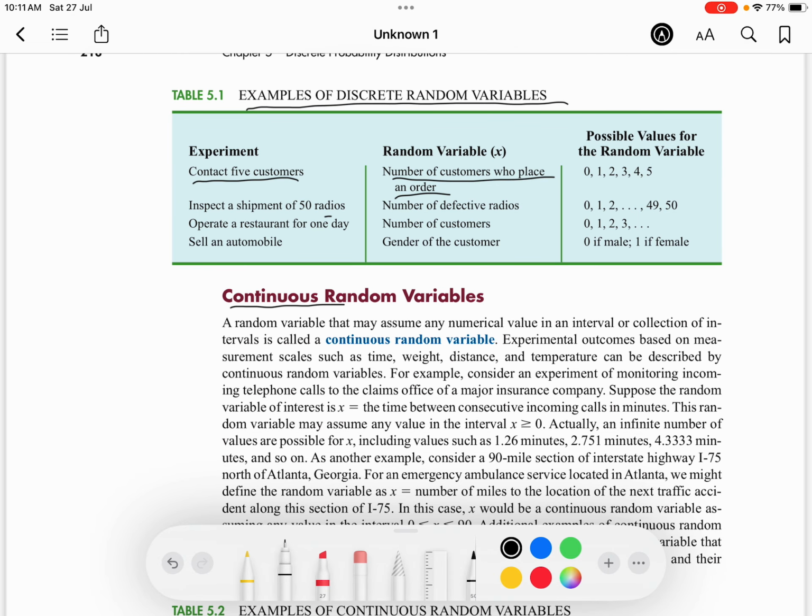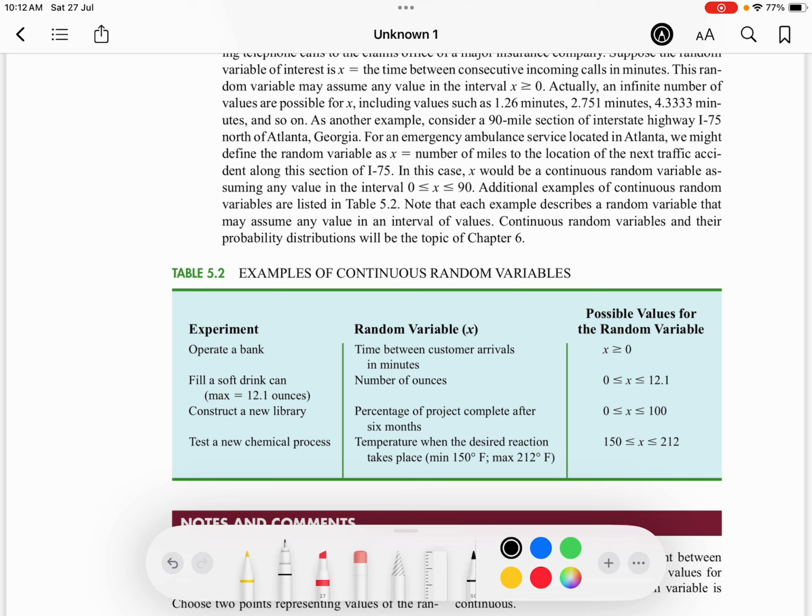Another kind is the continuous random variable. A random variable that may assume any numerical value in an interval or collection of intervals is called a continuous random variable. Since there is an interval, you cannot count it, like time, weight, distance, temperature, and so on. Examples: operate a bank, time between customer arrivals in minutes, x greater than or equal to 0.